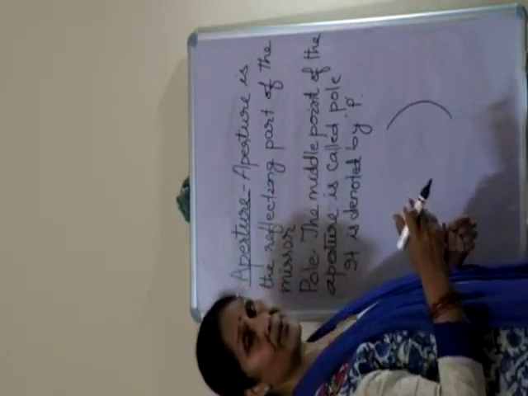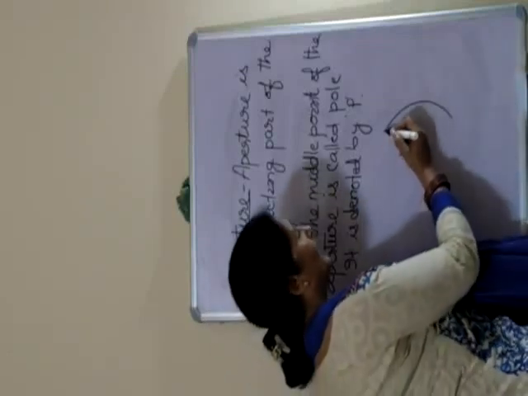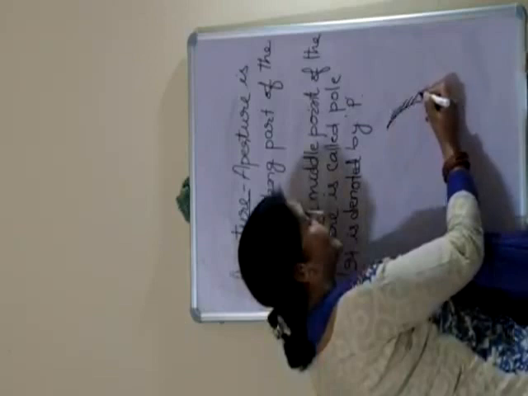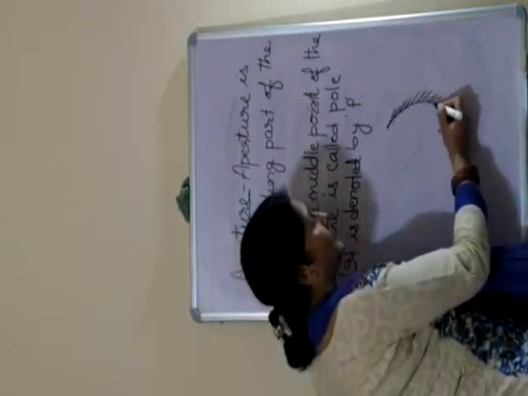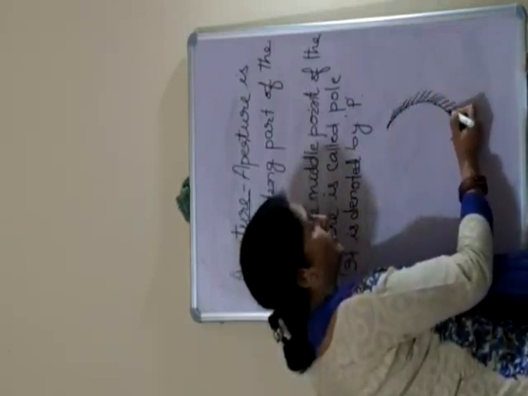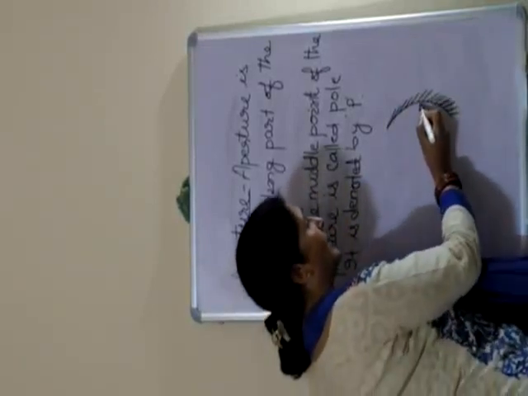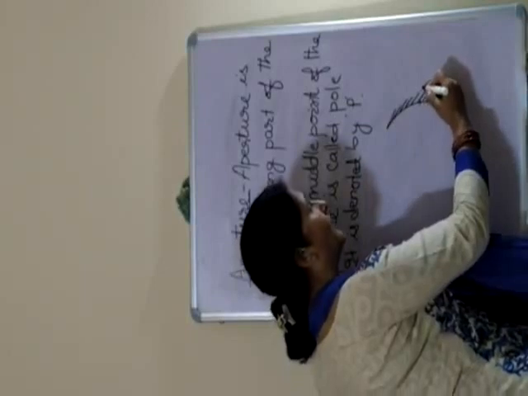It looks clear and good. And this is the polished surface. We show the polished surface by drawing lines like this. And this is the middle part, and we denote it as a pole.